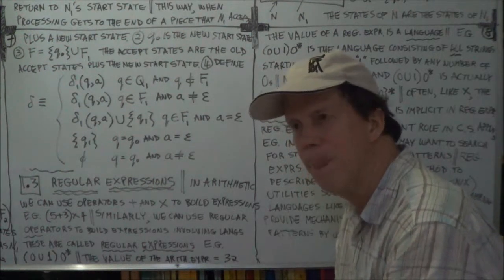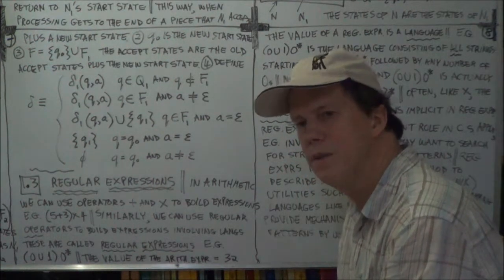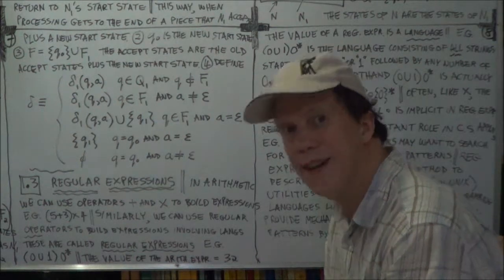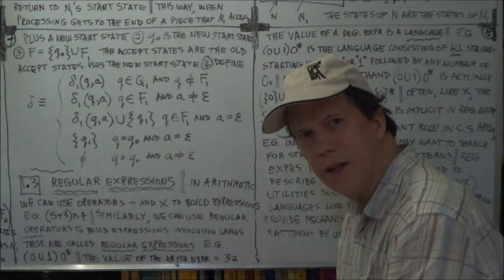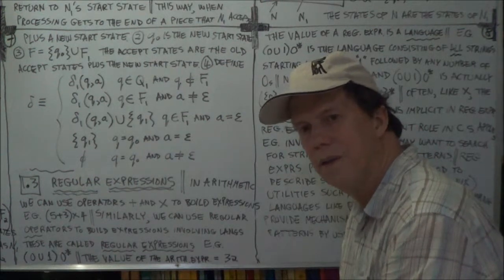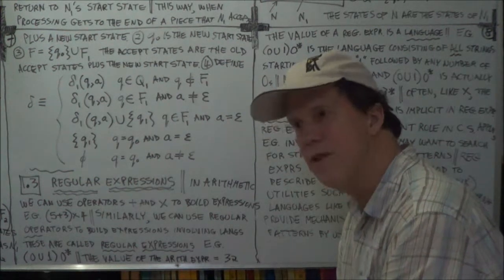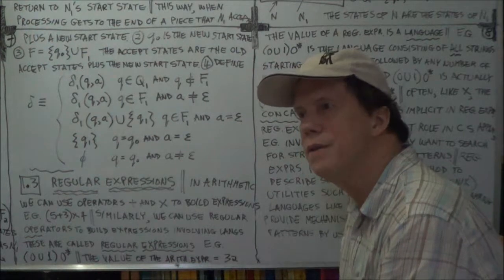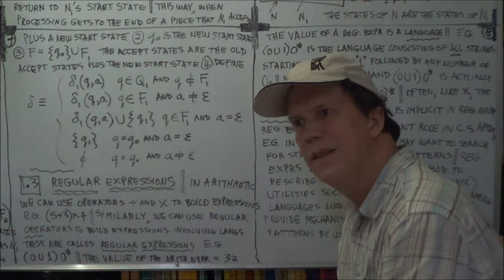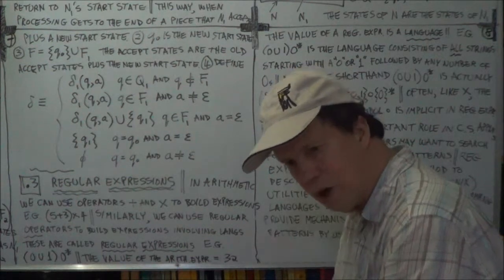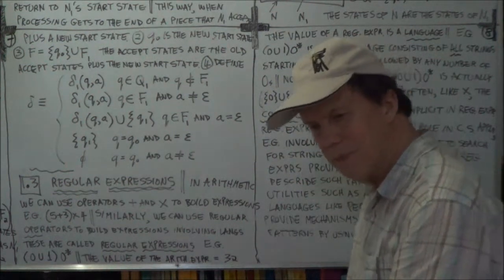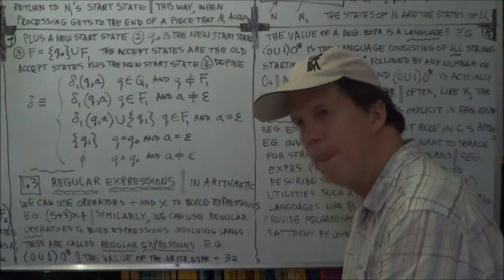Okay, that's its job. And therefore this language, A1 star, has an NFA that recognizes it. And therefore, by definition, A1 star is a regular language, because there's an NFA that recognizes it.